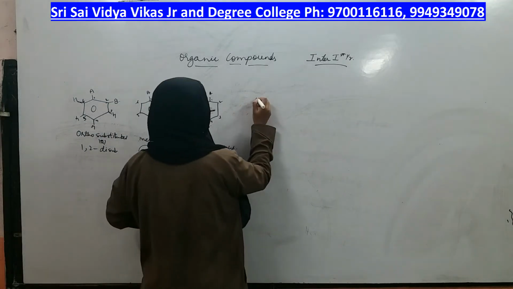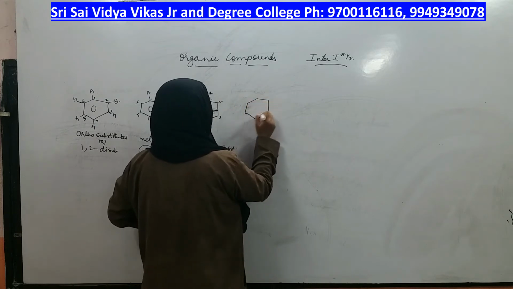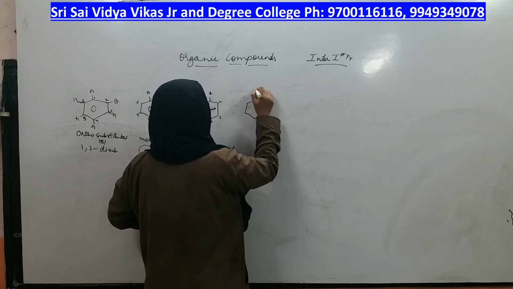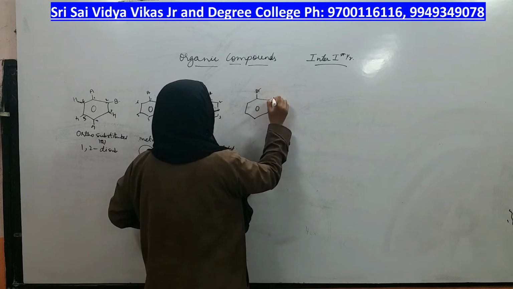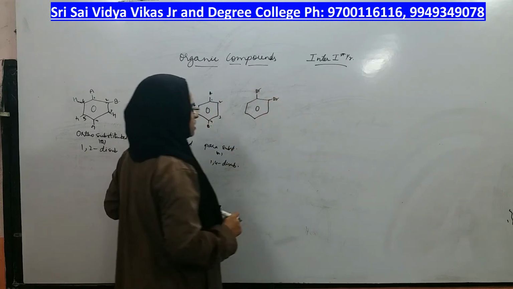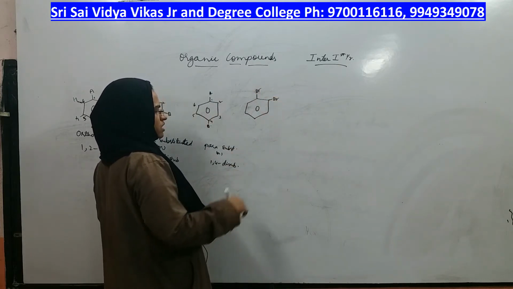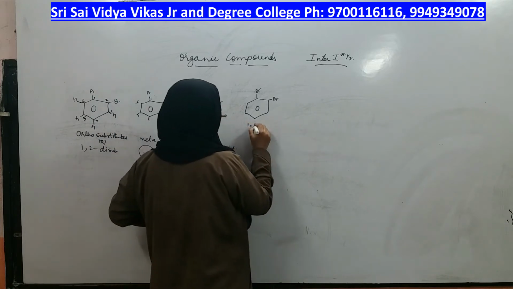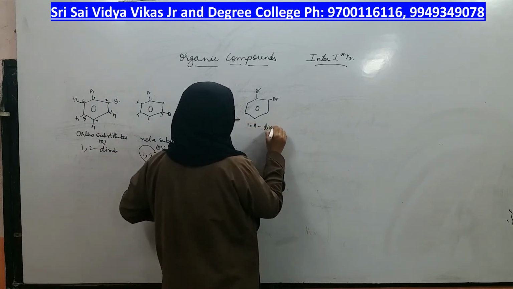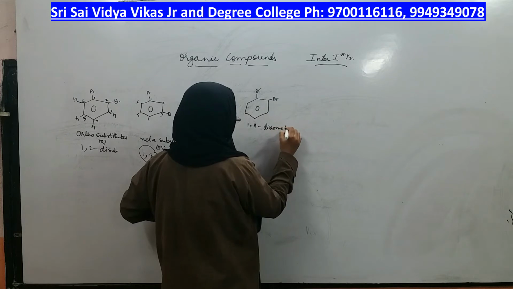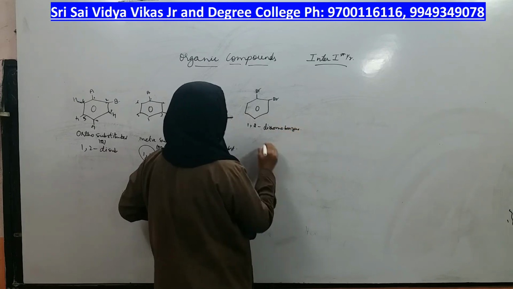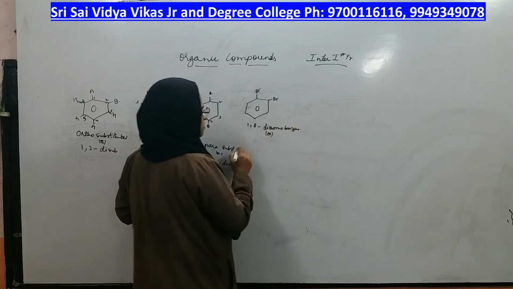Let us start. This is a benzene ring on which I am taking 2 same substituents. What is the name of this compound? It is 1 comma 2 dibromobenzene, which is the actual name. What is the common name?